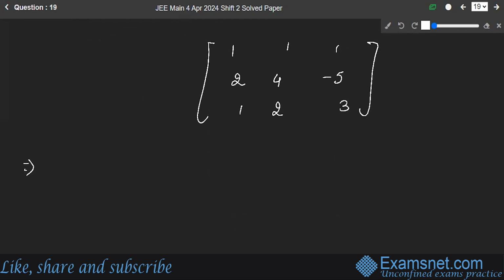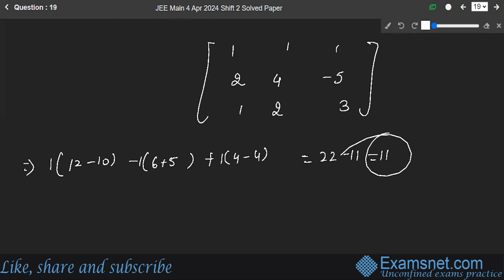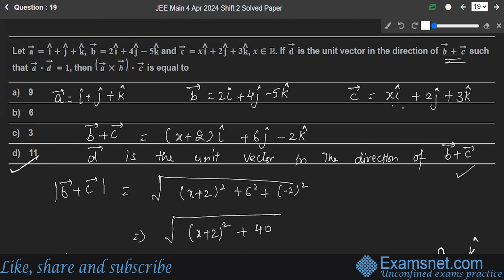Right, so this will give me 1 into 12 minus 10, minus 1 into 6 plus 5, 1 into 4 minus 4. This is 11. So we have option D as the right answer. Hope you're clear with this. Let's move to the next question then.